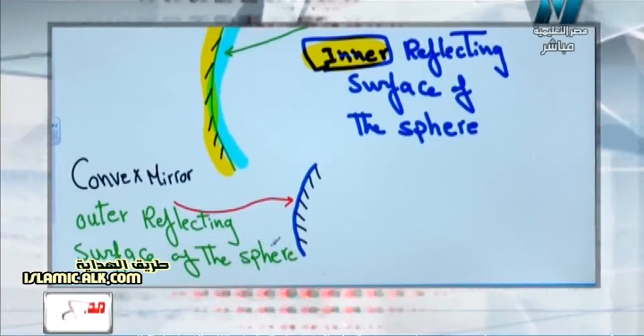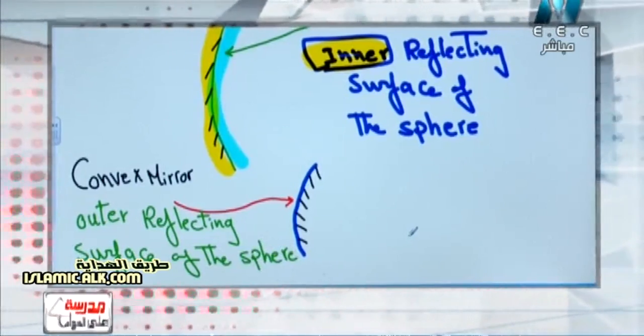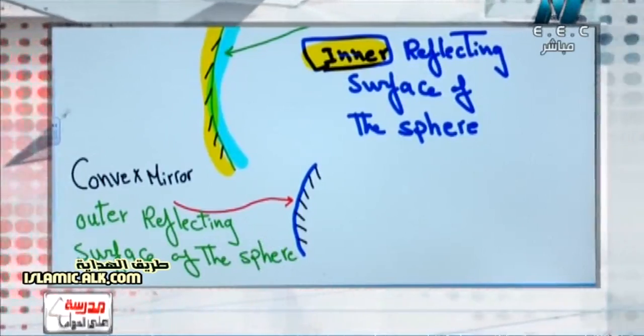Okay, Mr. Wael, the word concave came from this. It is called cone in math. You studied this in math. So this is cone, this is cave. So it's called concave, inner part. And this is vex. So it's called convex, the outer part.